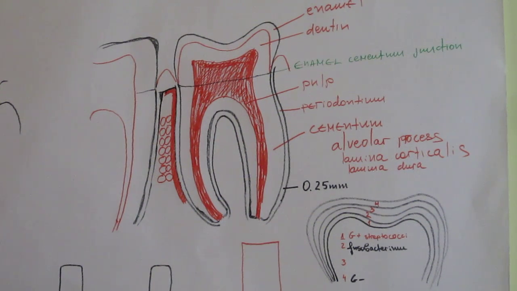The bone is composed of 2/3 inorganic, calcium and phosphate, and 1/3 organic part.